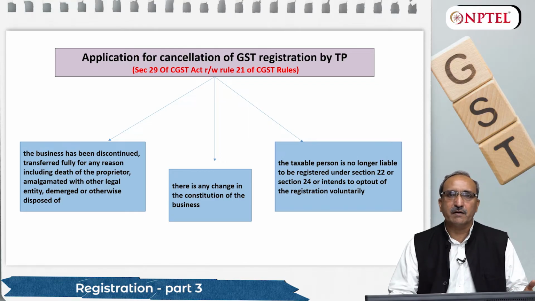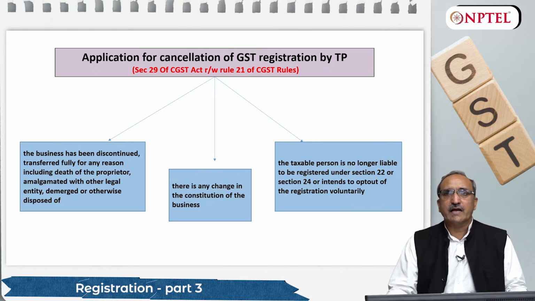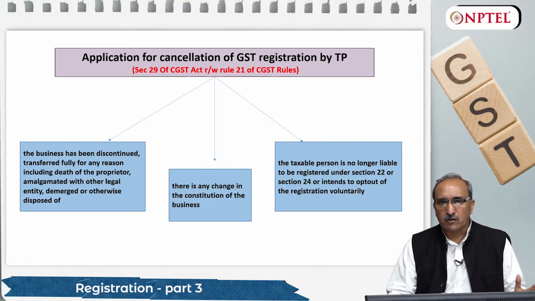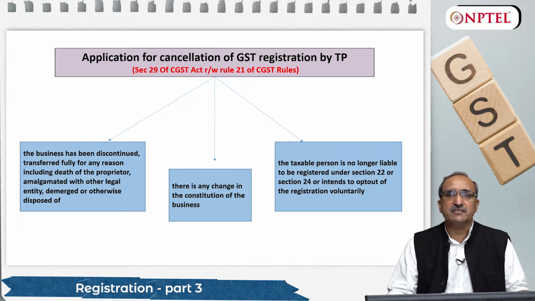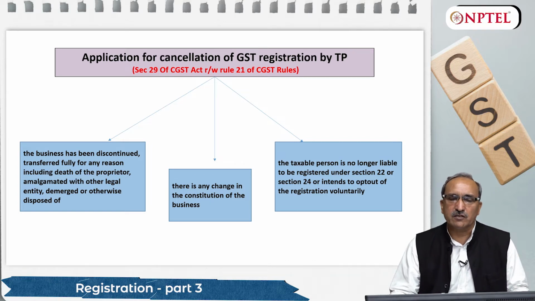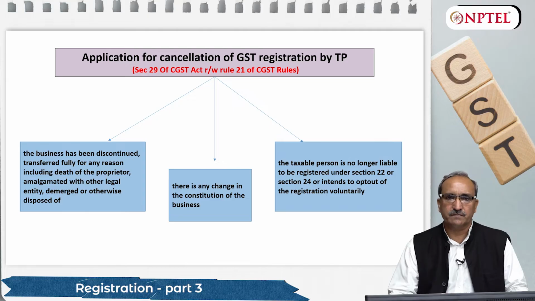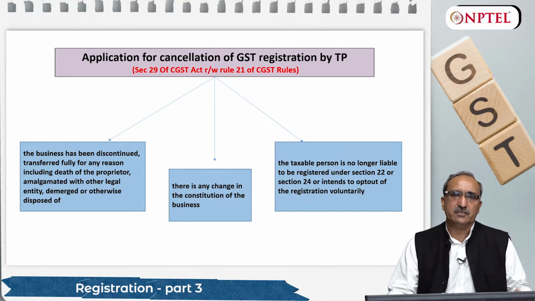So your original number will be surrendered and a new registration number will be applied. And the third one is the taxable person is no longer liable to be registered under section 22 or 24. There may be some reasons that you are now not in a category of having a GST number and you have decided to surrender your GST number. So these are the reasons when you need to surrender your GST number from the taxpayer side.